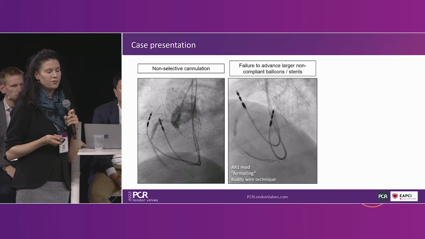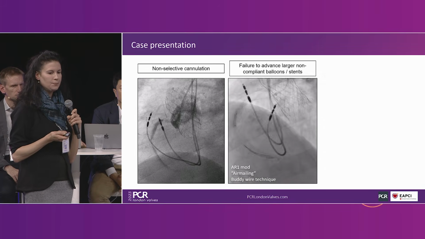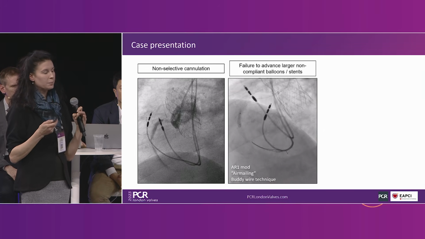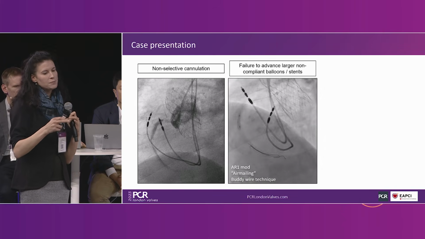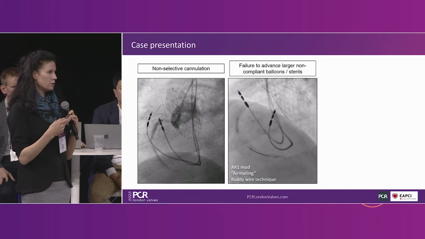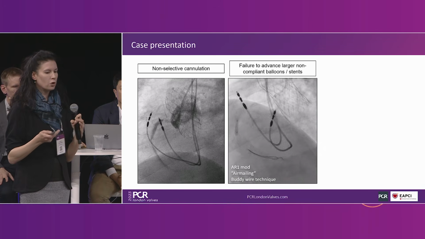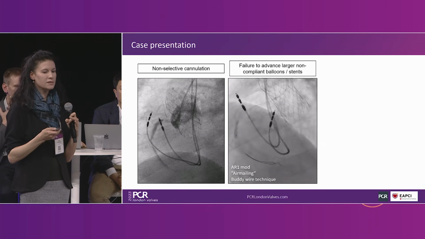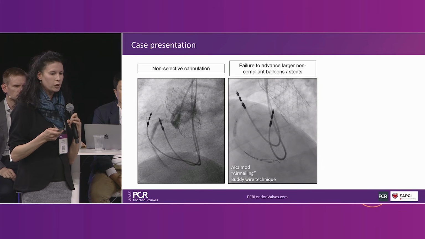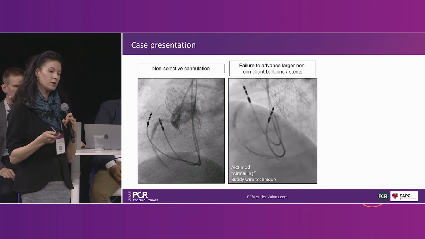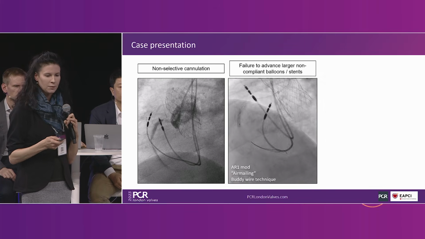And this is one of the first pre-dilations, but even using buddy wiring technique with a second wire, the suboptimal position of both wires didn't allow us to proceed with large non-compliant balloons or even stents because they were always stuck somewhere between the guiding catheter, the ostial lesion, and the stent frame.